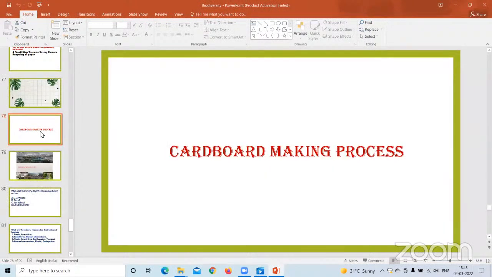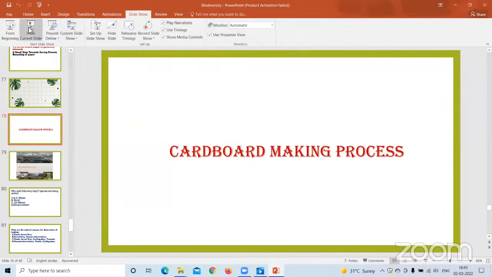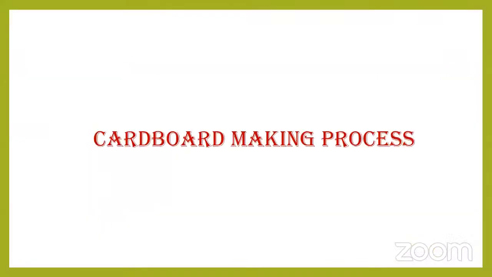Another most important type of plant product we are using now is cardboard. How is cardboard made? What are the raw materials used to make cardboard? Do you know, children? Actually, furniture is made with the logs or thick woods of the plants.